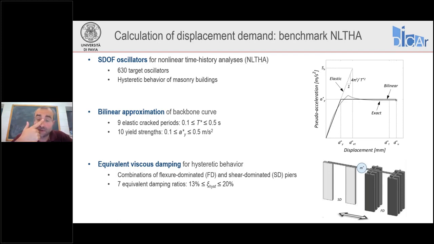So by combining these different responses in different amounts, giving more or less weight to the flexure dominated or the shear dominated piers, we're able to derive 7 different hysteretic responses corresponding to 7 equivalent damping ratios.